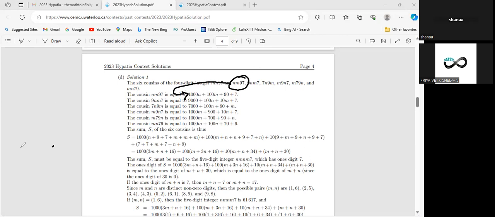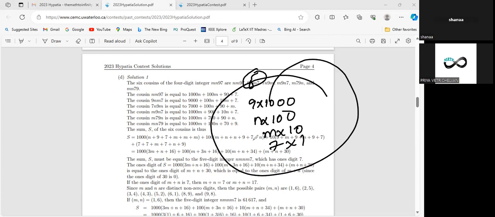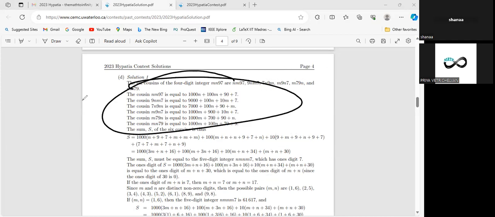And when you expand the second one, it would be 9 into 1000, N into 100, M into 10, 7 into 1. We've got it. So it's just an expansion.